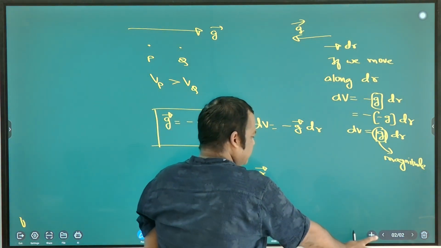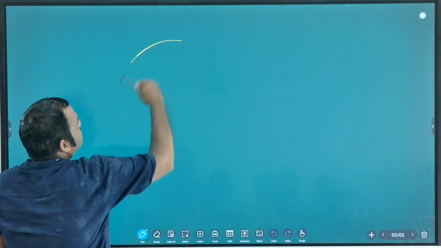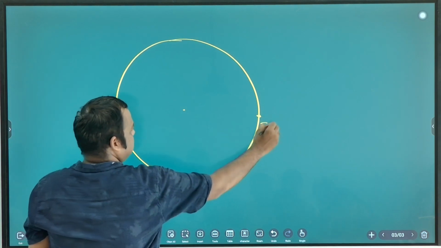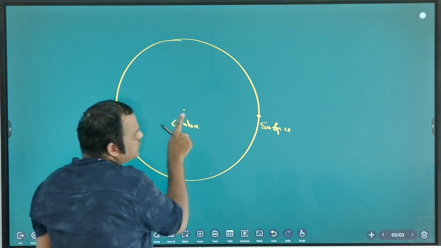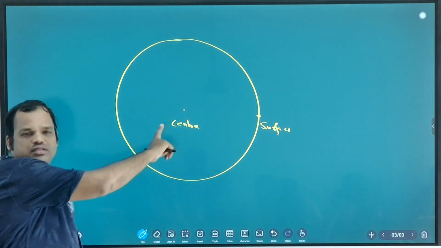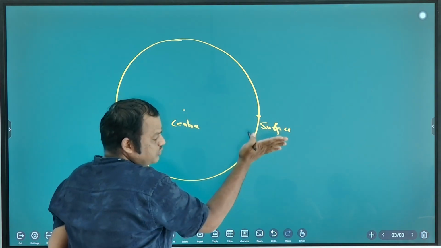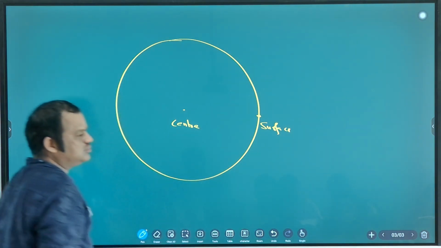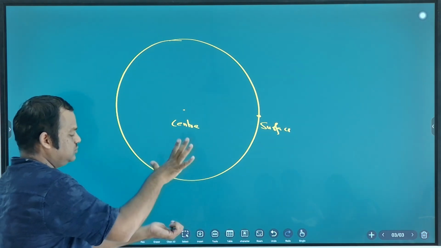Next, write down. Now come to a planet. Suppose this is the center and this is the surface. If I move from center to surface, what is the direction of field? Center to surface or surface to center? Towards the center.